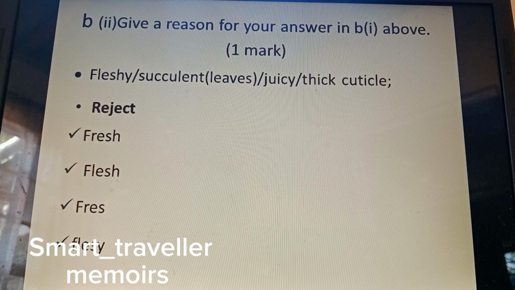Any of those answers. When you see the stroke, it means the answers are equivalent. Therefore, you reject fresh. Those ones will be rejected. People have problems with mother tongue and they write wrong biological terms.